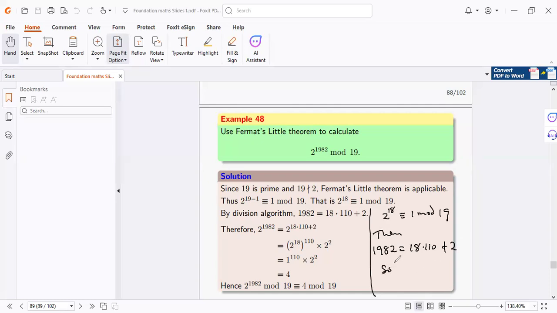So my solution therefore becomes 2 raised to this remainder, which is 4. 2 raised to that remainder is the remainder when 19 was to go into this. I've used Fermat's little theorem, and you can see it has made our work easy. I want to do the last question using Fermat's little theorem, and then we'll stop at that.